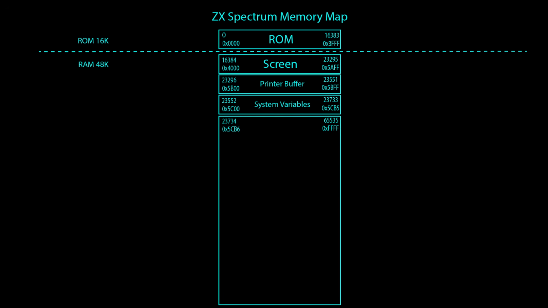From 23734, that's hex 0x5CB6 upwards, things are a little less rigid and will start to change depending on what we're currently doing with the machine and how big our BASIC program is.